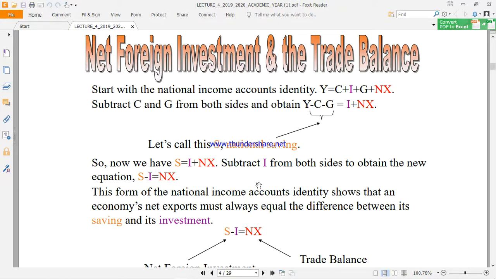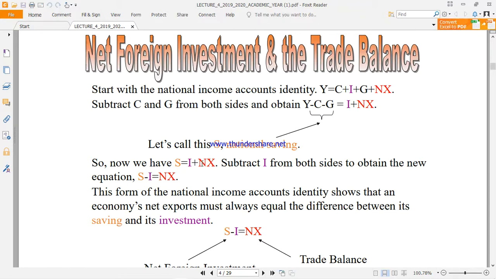Now, if that is the case, then national savings, which is just S, is equal to investment plus net exports. So the total amount of savings that Zambia is capable of saving, for example, must equal the total level of investment plus the difference between what we export and what we import.